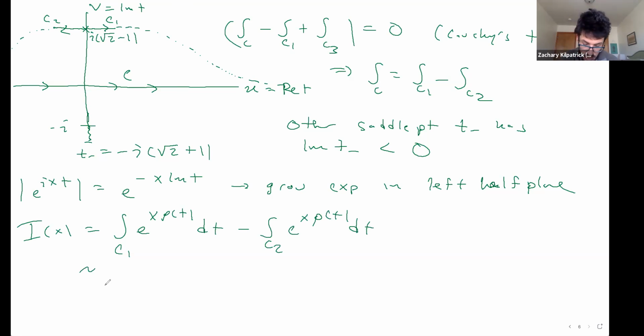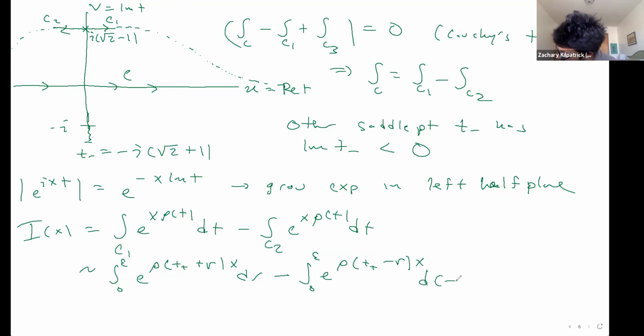And following the same procedure as before, I have the integral from 0 to epsilon of e to the rho of t plus r x dr minus the integral from 0 to epsilon of e to the rho of t plus minus r x integrated with respect to minus r, right? Because we're just going in to the right and to the left here for each of these integrals, right? I'm integrating with respect to minus r for the one on the left, okay?